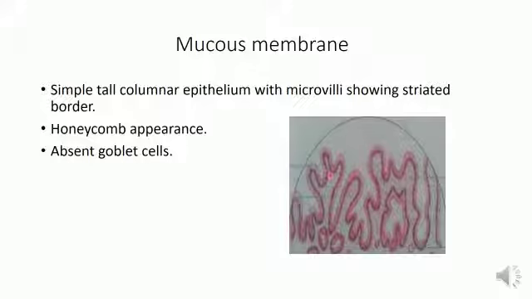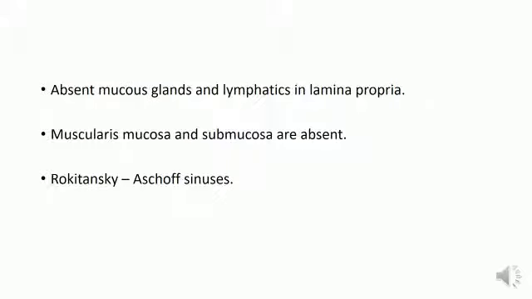The mucous membrane is thrown into numerous folds which give a honeycomb appearance. Compared to the small intestine, it does not contain goblet cells. The mucous glands and lymphatics are absent in the lamina propria. In the gallbladder, the muscularis mucosa and the submucosa are absent.